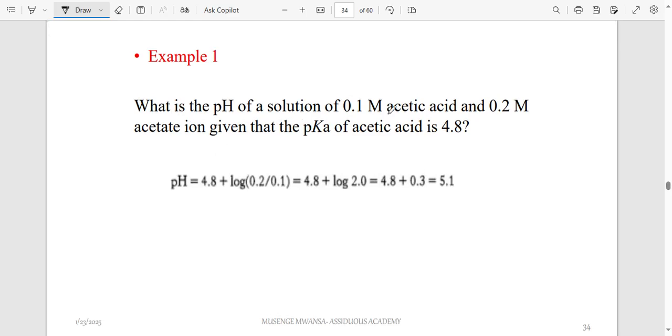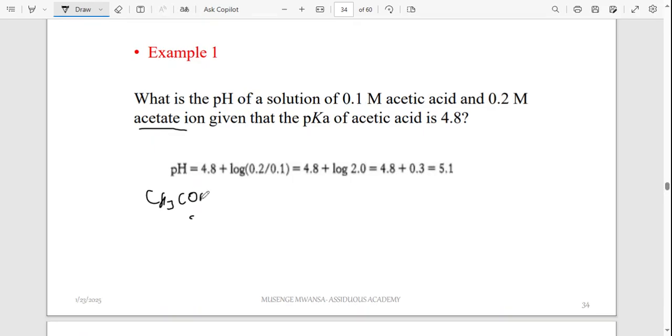So you can have an example here. What is the pH of a solution of 0.1 molar acetic acid and 0.2 molar acetate ion? Acetic acid is CH3COOH. This is going to dissociate, and then we're going to have CH3COO minus, as the hydrogen has been lost.